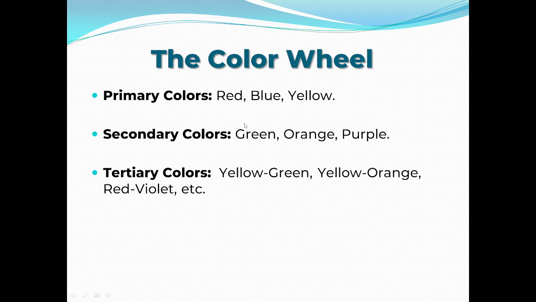Unlike secondary colors, which you have to mix the primary colors together to get, which I will explain later. And the tertiary colors also, unlike primary colors, you have to mix to get them. These are the color classifications on the color wheel.